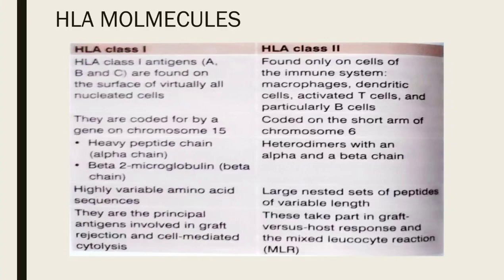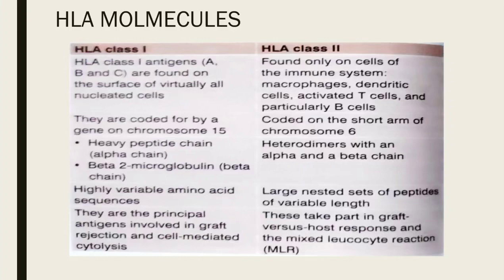Class 1 has a heavy peptide chain, that is the alpha chain, and beta 2 microglobulin, that is the beta chain. And class 2 has heterodimers with an alpha and beta chain. Class 1 has highly variable amino acid sequences, and class 2 has large nested sets of peptides of variable length.